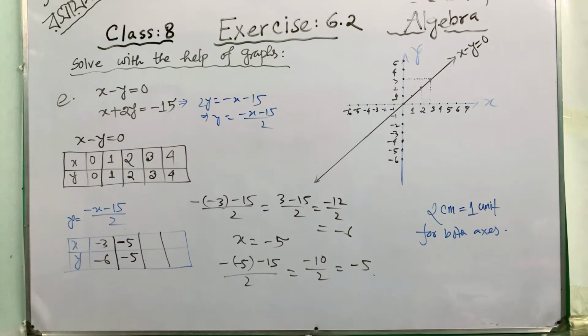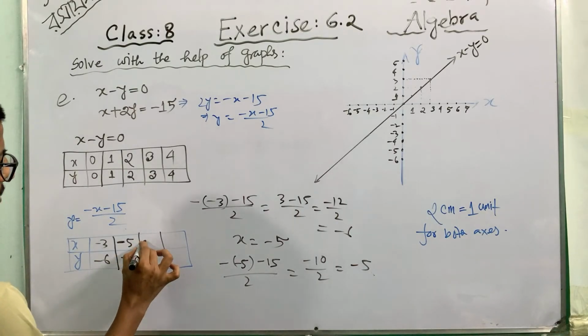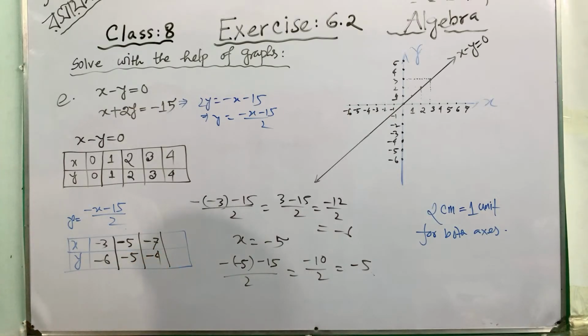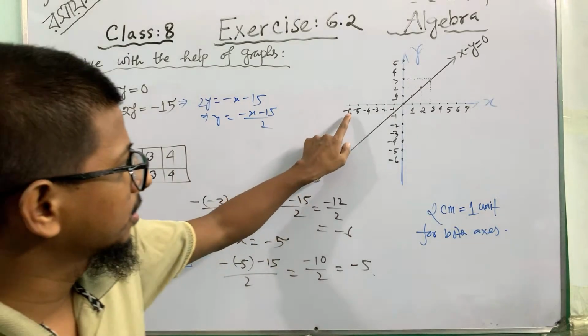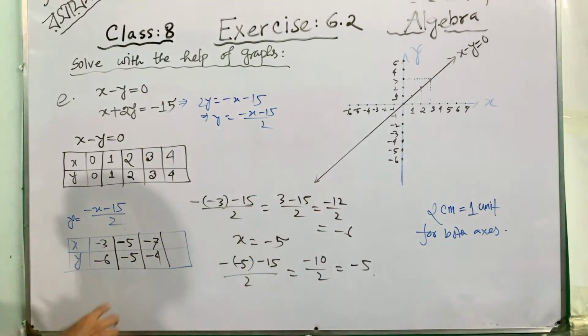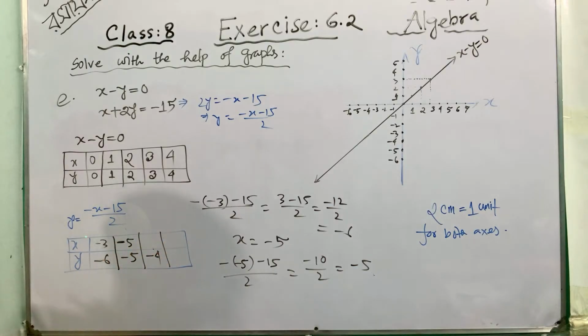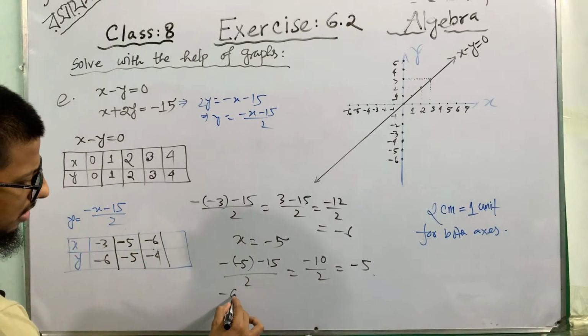If x equal to minus 7, y equal to minus 4. Oh, okay, I can't take minus 7 because it goes outside my boundary. So I choose minus 6.